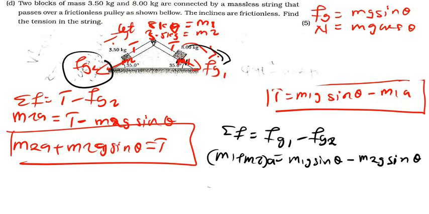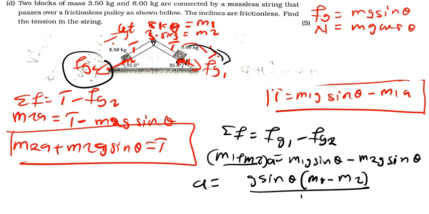I'll divide both sides by M1 plus M2. So I'll have A being equal to, I'll factor out G sine theta, then open brackets, M1 minus M2, then I divide this by M1 plus M2, like that.